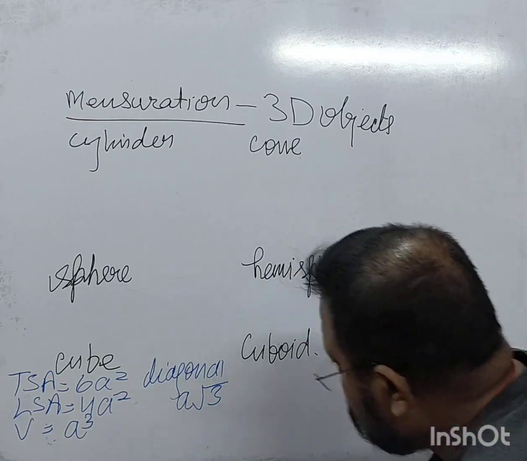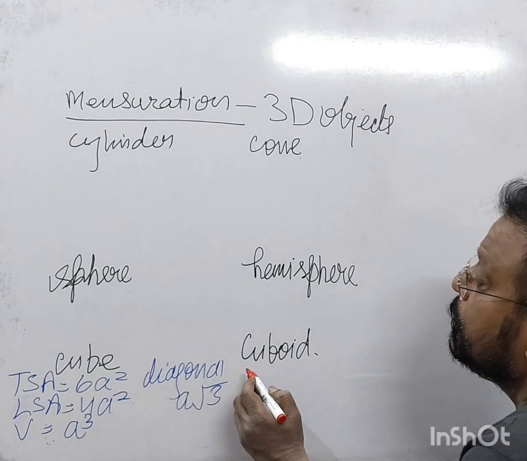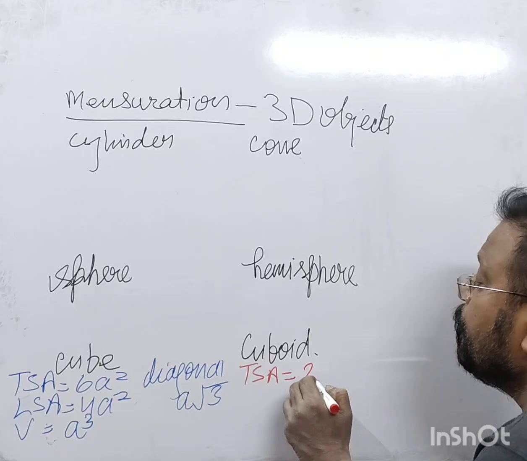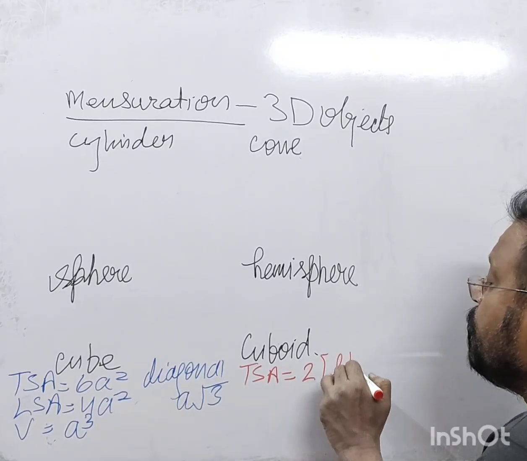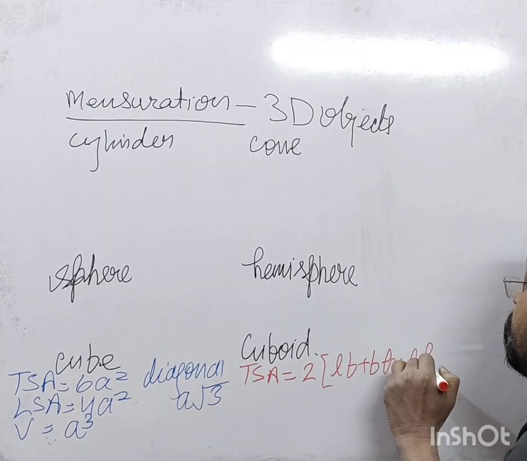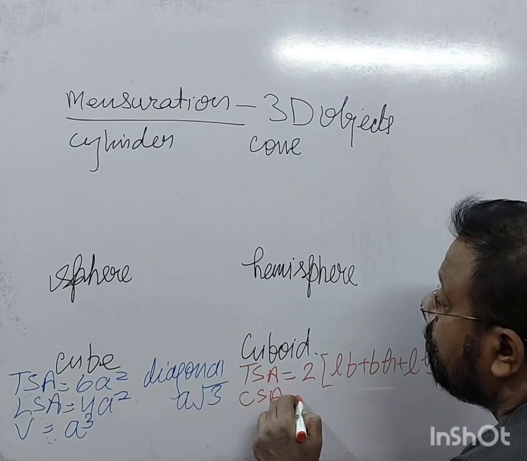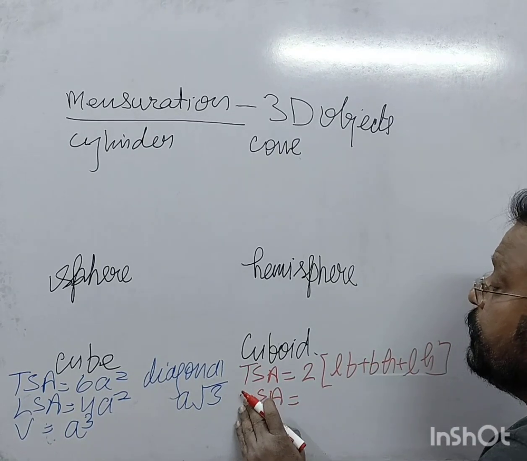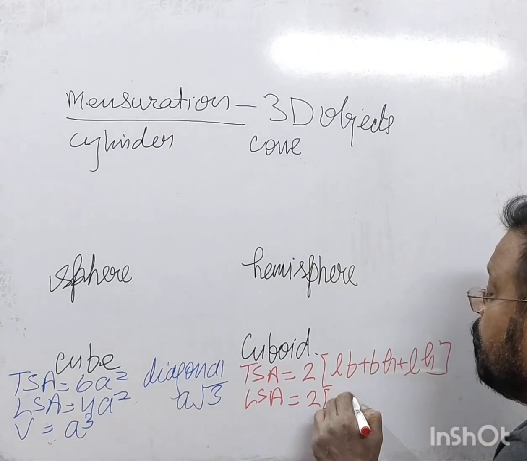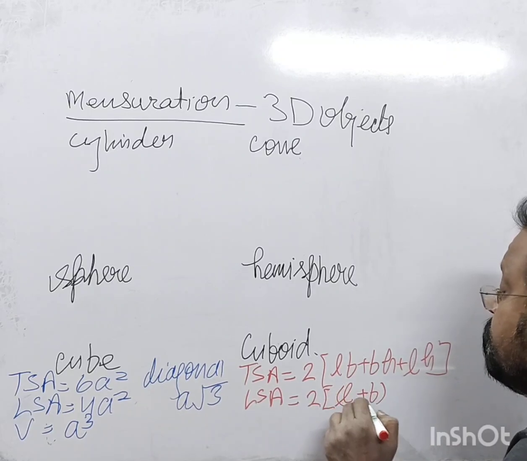And here we have TSA of cuboid is equal to 2 bracket lb plus bh plus lh. LSA is equal to 2 bracket l plus b into h.